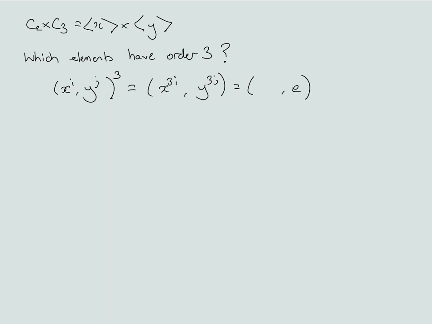On the other hand, let's think about x^(3i) a little bit first. If i is even, then what you get here is x to the power an even number, so that's the identity because x has order 2. But if i is odd, then 3 times i is still odd, so this would not be the identity. So if x^(3i) is equal to the identity in C2, 3i is even, so i is even.